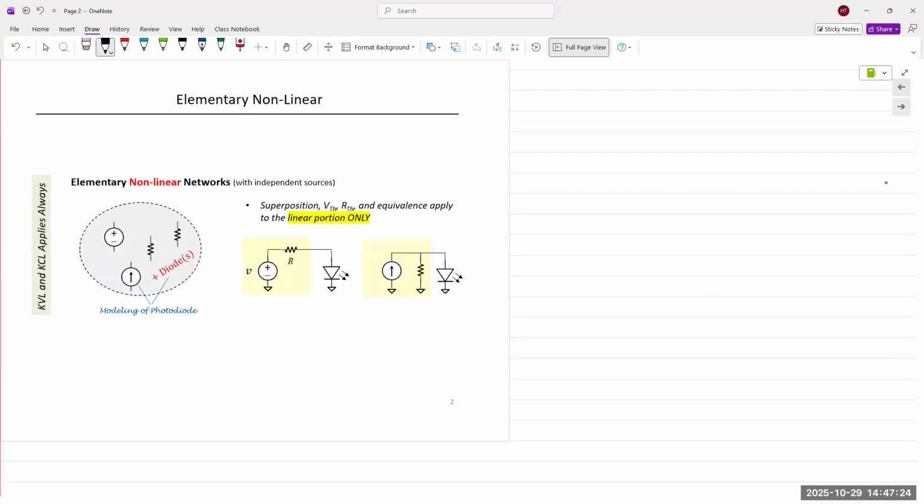In nonlinear circuits, the prime example was a diode. A diode is an example of a nonlinear device because the voltage and current for a diode do not have a linear relationship. And so for diodes, let's draw it out this way.